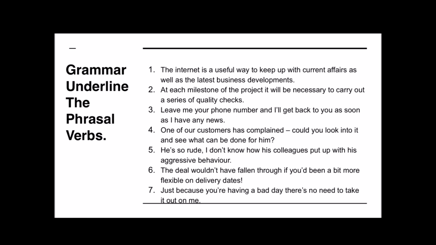The deal wouldn't have fallen through if you'd been a bit more flexible on delivery dates. Okay. Number 7, just because you're having a bad day, there's no need to take it out on me. Okay, so look through those 7 questions and decide which words in there are part of phrasal verbs.